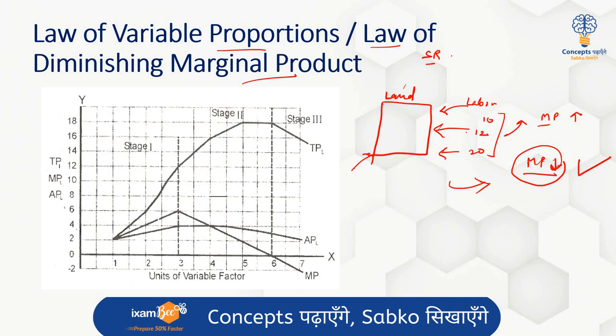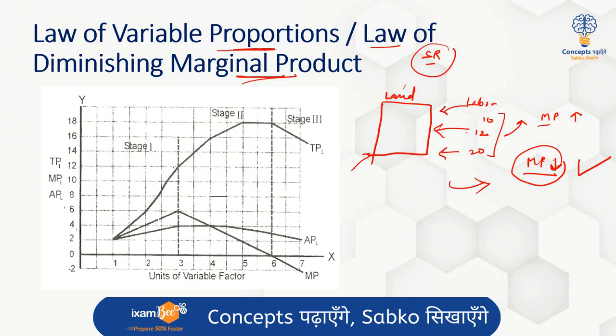Interesting thing to note is that the distinction between variable inputs and fixed input is only in the short run, because in the long run all the factors of production become variable. So this law is applicable only in the short run. Now, because initially the marginal product is increasing, the total product would also be increasing, but it will be convex.